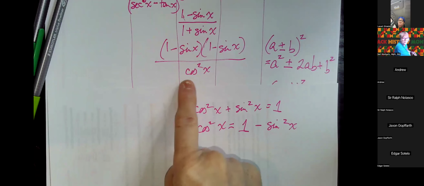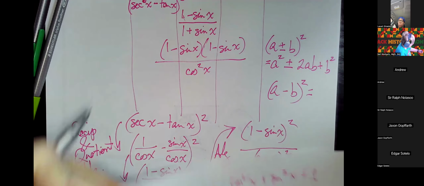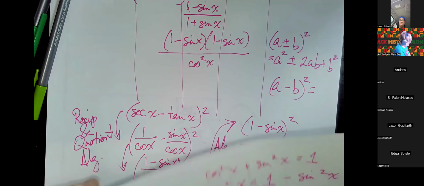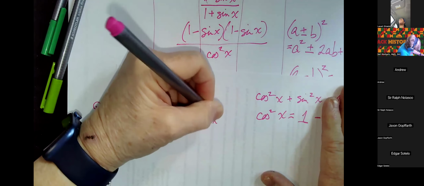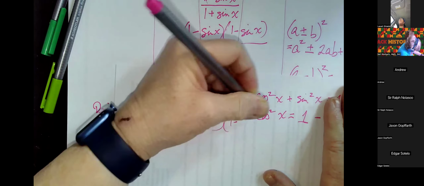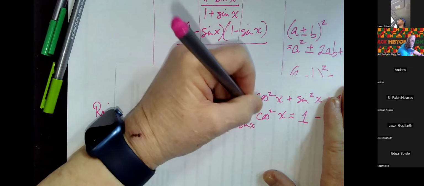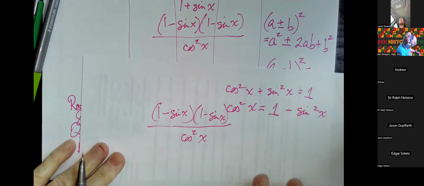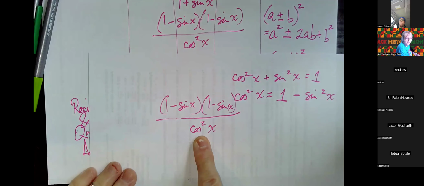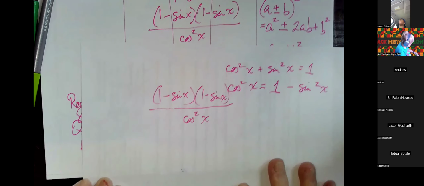So is it fair to replace this cosine squared x with 1 minus sine squared x? Yes. I'm going to write this step again. 1 minus sine x times 1 minus sine x divided by cosine squared x. And we changed cosine squared x to 1 minus sine squared x.